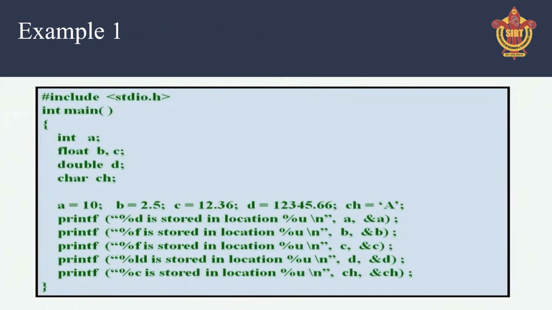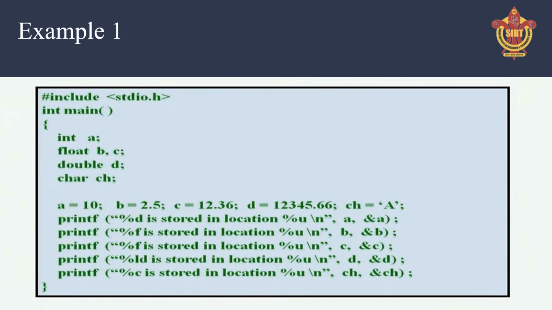Okay, so this is our first example in which we are declaring these four types of variables: integer variable a, float variables b and c, and double d. Character type of variable is ch. We are initializing some values in these variables. A is integer, so we are giving it 10.